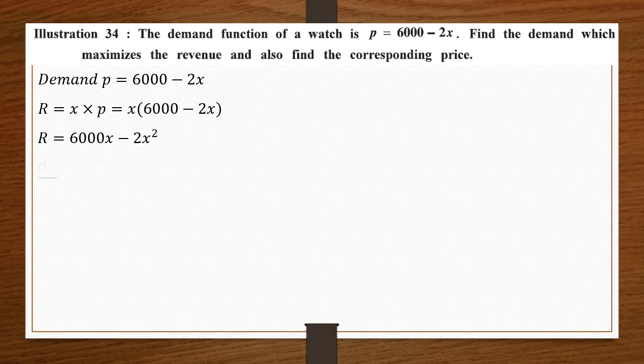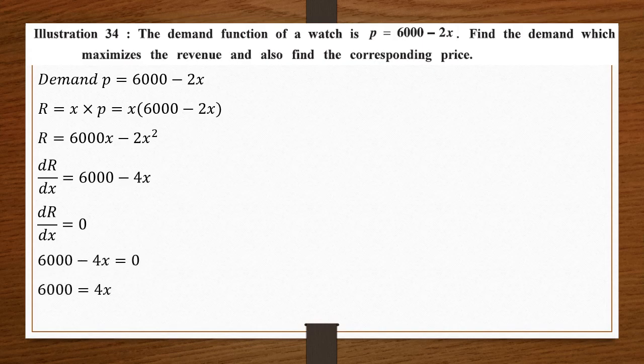We need to differentiate this. We will get 6,000 minus 4x. Okay, so the differentiation for 6,000x minus 2x square is 6,000 minus 4x. We have to take dR upon dx as 0, and that means that 6,000 minus 4x will be 0. We will change the side of 4x and then take 4 into the division. We will get x is equal to 1,500.